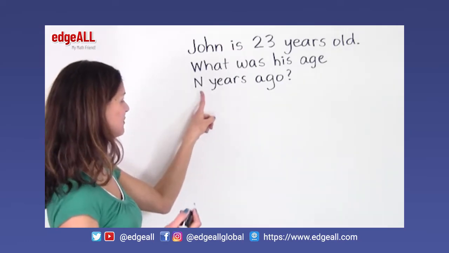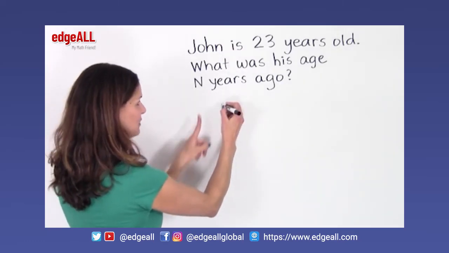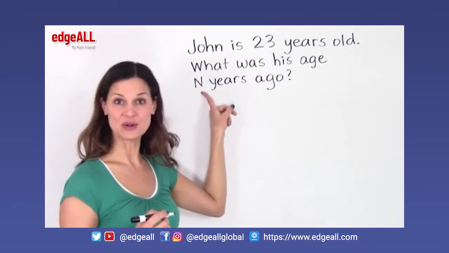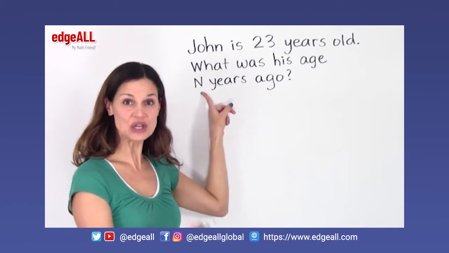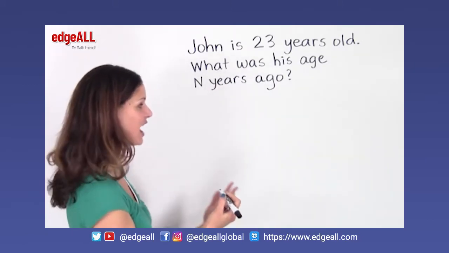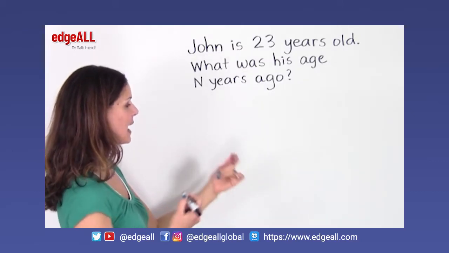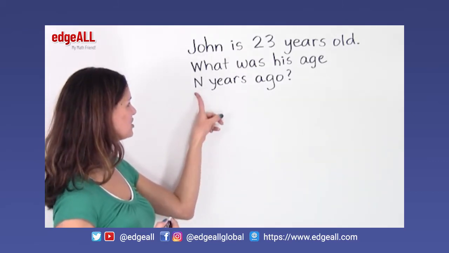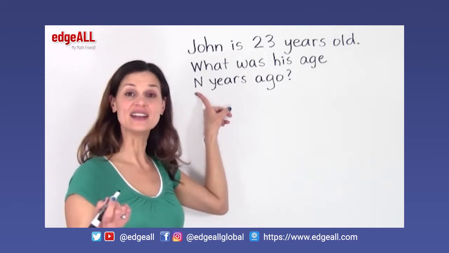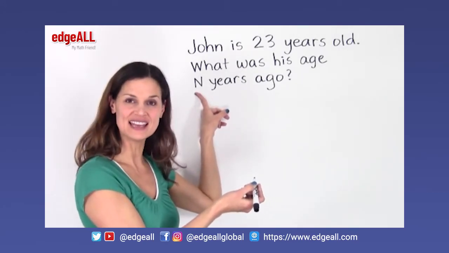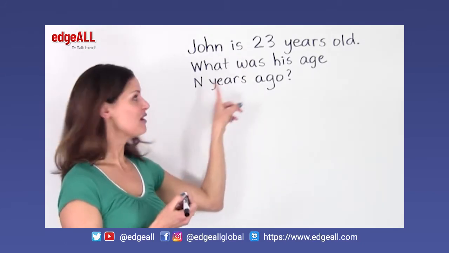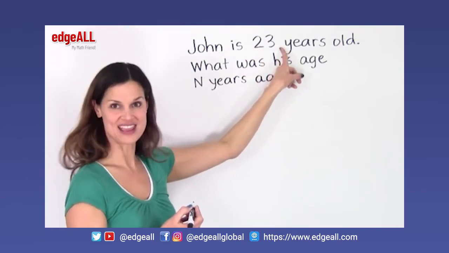And so in the example that we just looked at, where we did 23 minus 2, n equaled 2, and we took 23 minus 2 to find his age of 21 years. But to find John's age n years ago, maybe n equals 5, or n equals 10, or n equals 2 like we just did, we need to subtract n from 23.